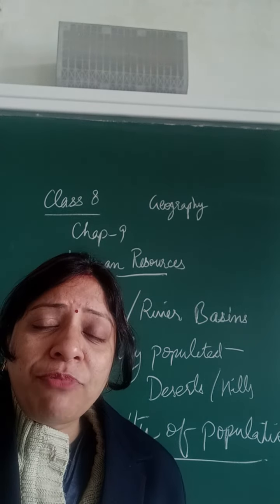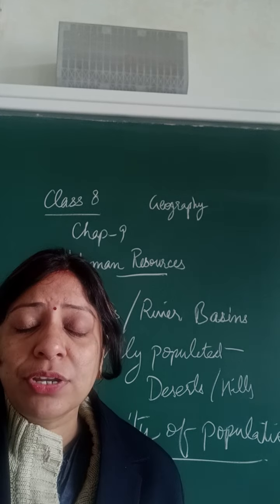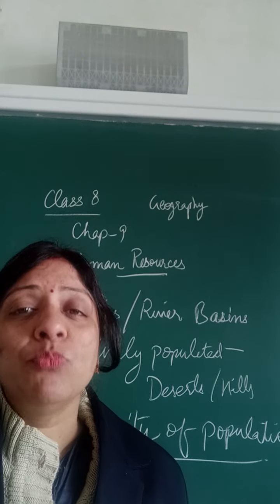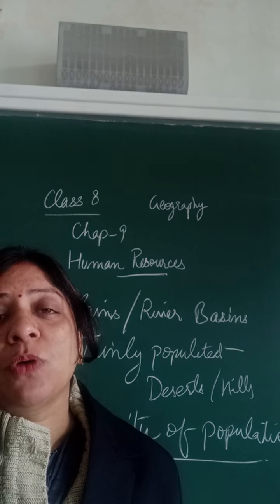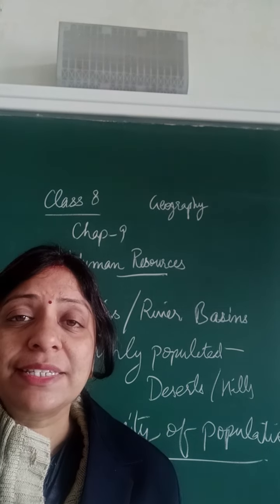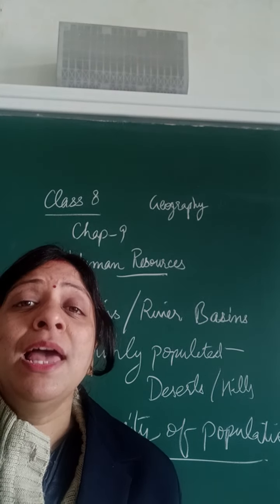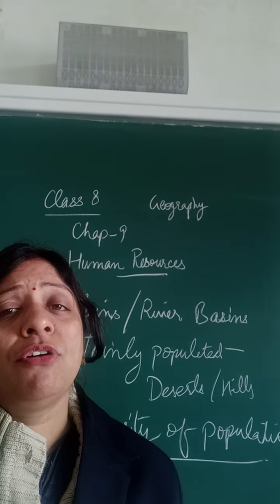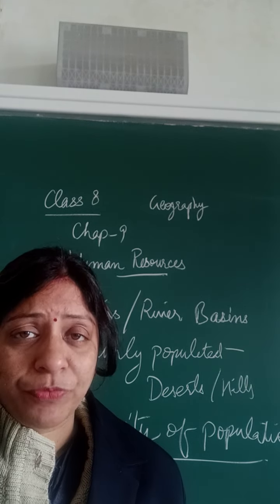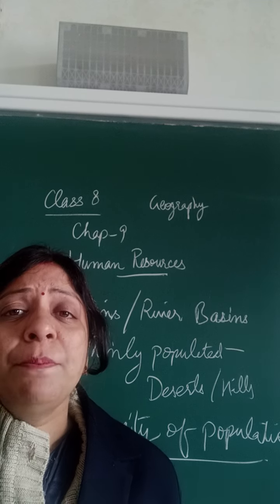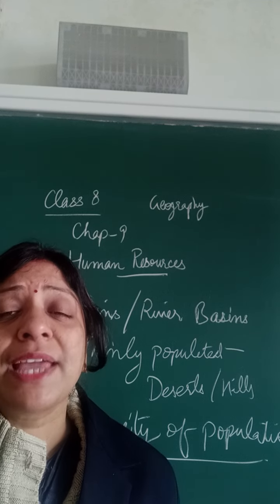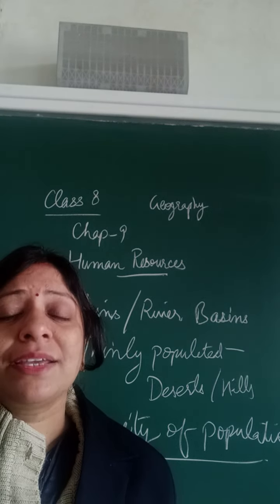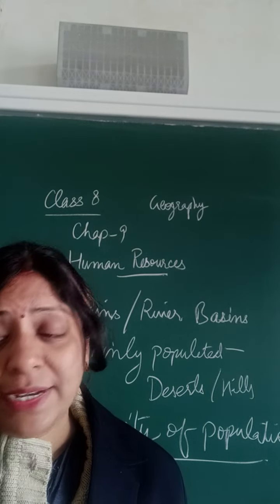If fewer people are there, we say less population. If more people are there, we say more population. But what is population density? Population density is the number of people living per unit of land in an area. Per unit of the area available, how many people can be accommodated, that is called the population density.